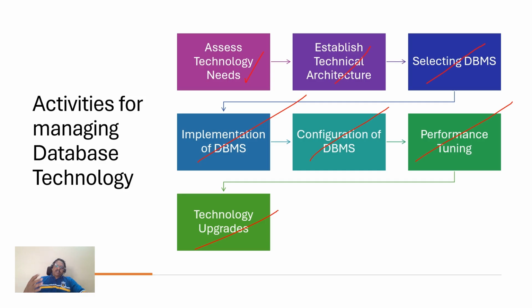Basically, identify the requirement based on business objective, design the blueprint for database infrastructure, choose the appropriate data management system, deploy and configure the selected system, fine tune settings for optimal performance and security, then continuously optimize the system for speed and efficiency, and finally keep the system updated for new features and security patches. These activities ensure that technology choices remain aligned with organizational needs.